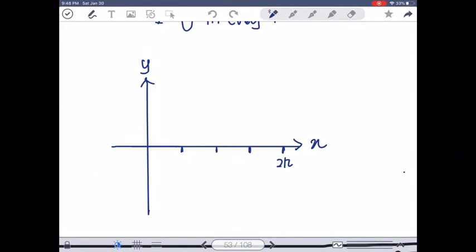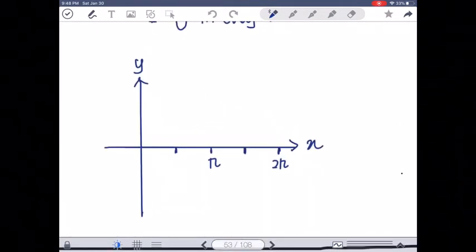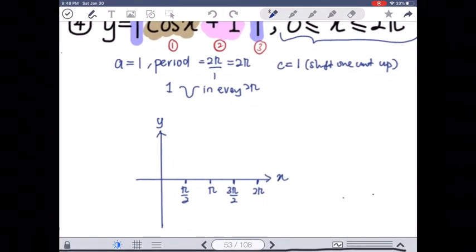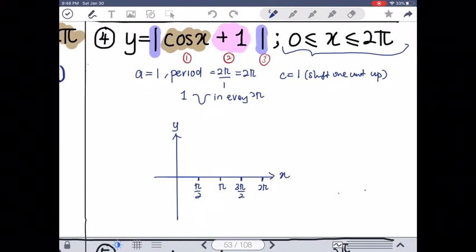So this is 2 pi, pi. And obviously this is 3 pi over 2, pi over 2. And for the scale on the y-axis, since the amplitude is 1, we have 1 and -1. But then we need to deal with shift plus 1. So maybe you can add one more scale, so 2 and -2.